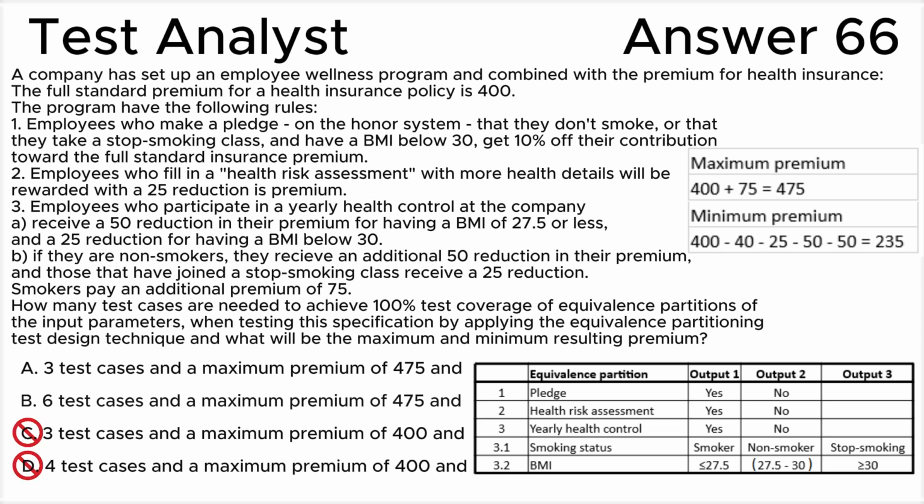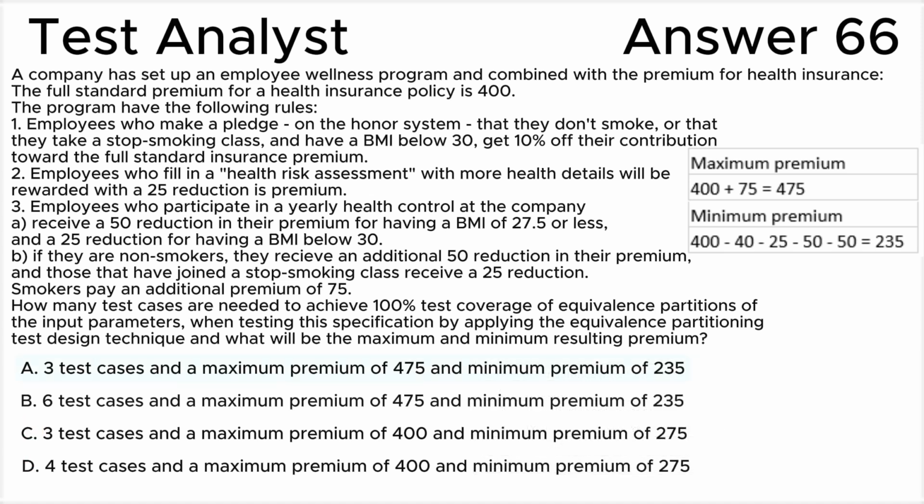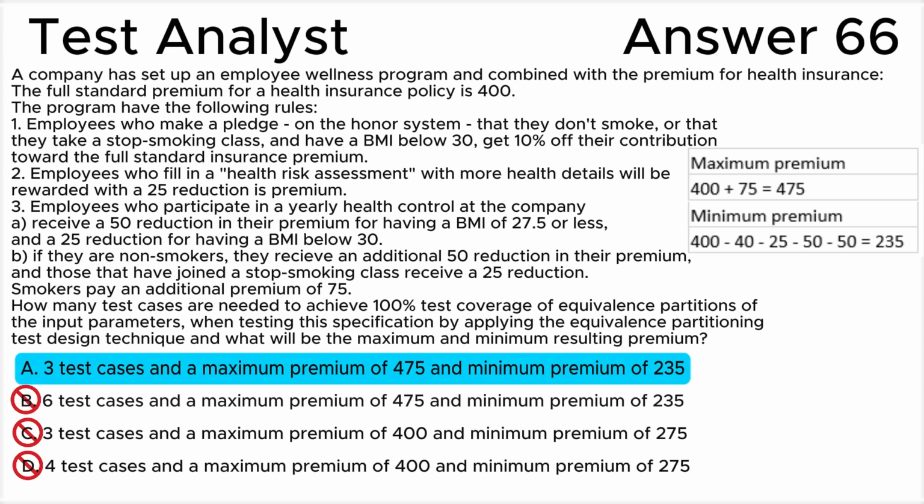You can cover all classes in 3 tests by choosing combinations that collectively hit every class at least once. Smoking status and BMI are subclasses for the early health control equivalence partition. It's a key point for this question. Thus, the correct answer is A, and answer B is incorrect.